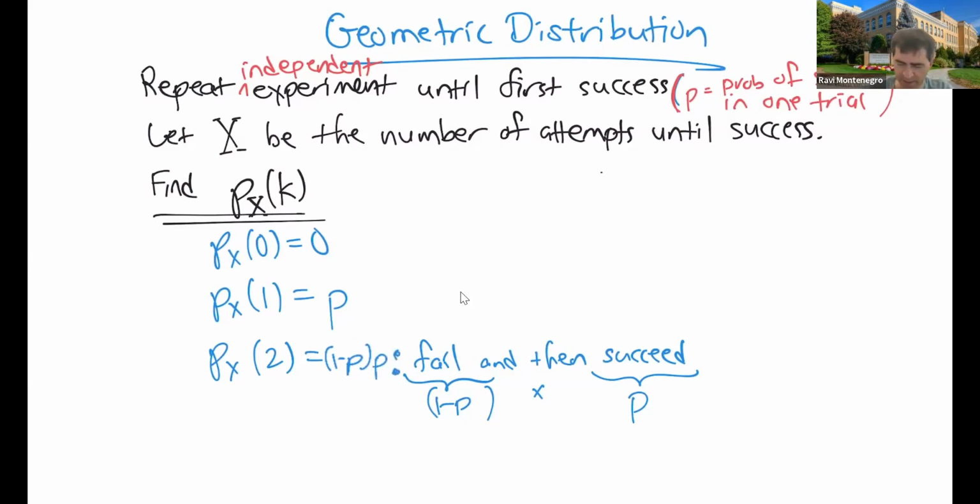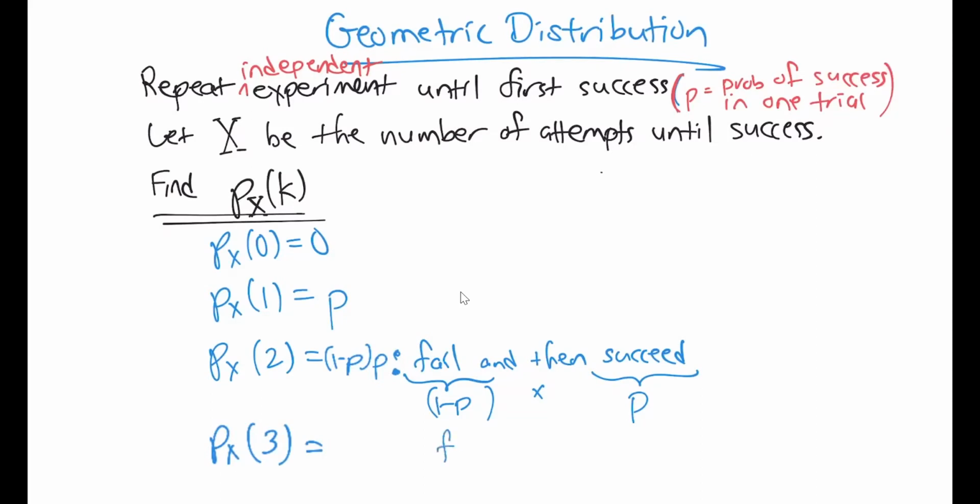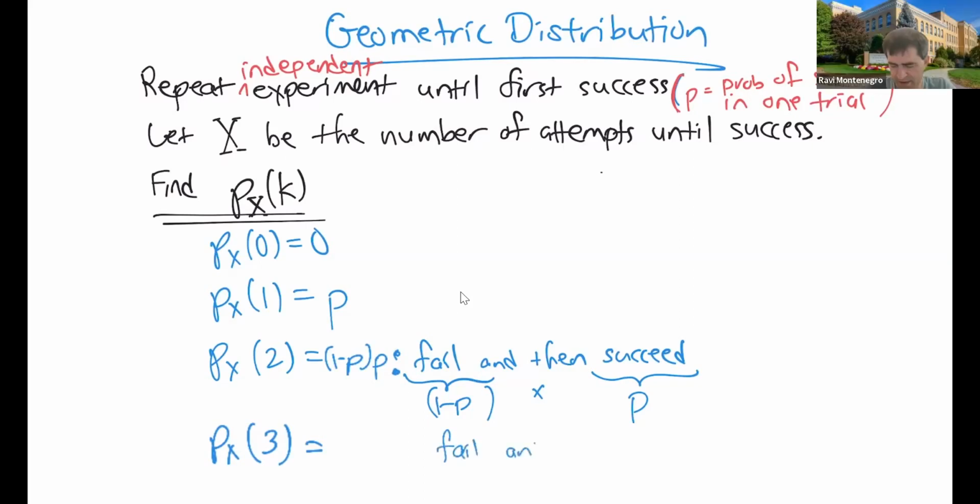Let's go one more step and then see if we can come up with a formula for the general case. So for 3 steps, what happens in the first step? So I want to succeed on attempt number 3. So you've got to fail twice. Yeah, so fail, and then fail, and then succeed.